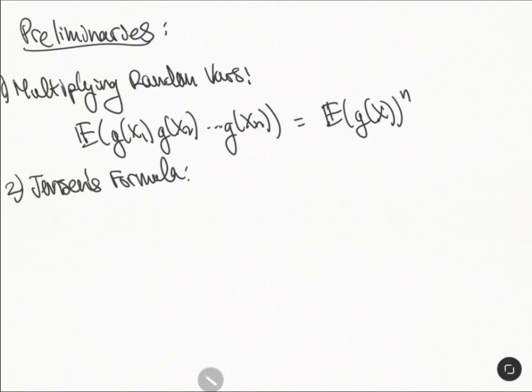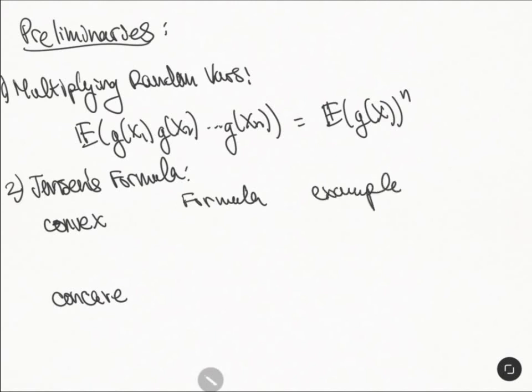So what does Jensen's formula say? There are two versions of it, and it's an inequality. There's a convex version and there's a concave version. I'll give the formula, and then we'll give an example of such a function.